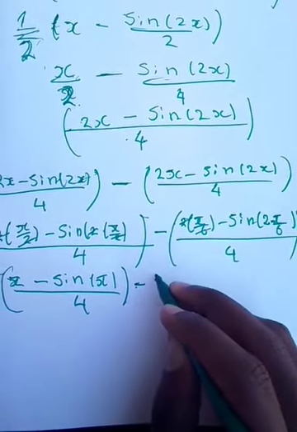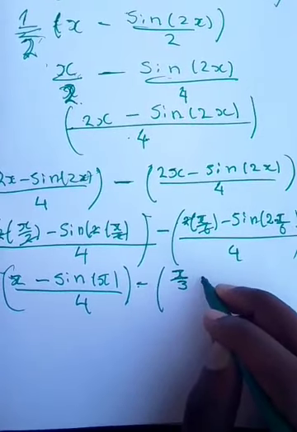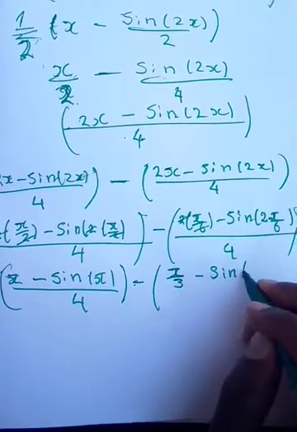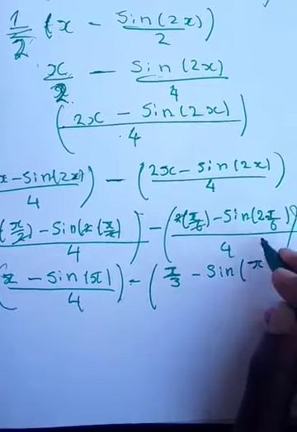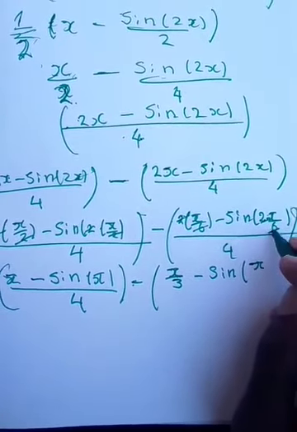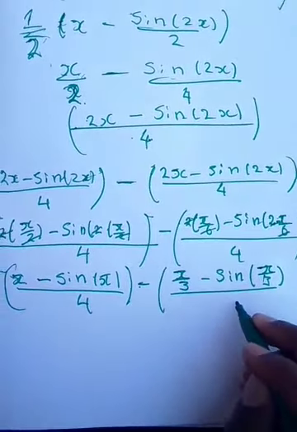So basically here I'm having pi over 3 minus sine, and here 2 is going to enter into 6 three times, so even here I have pi over 3 over 4.